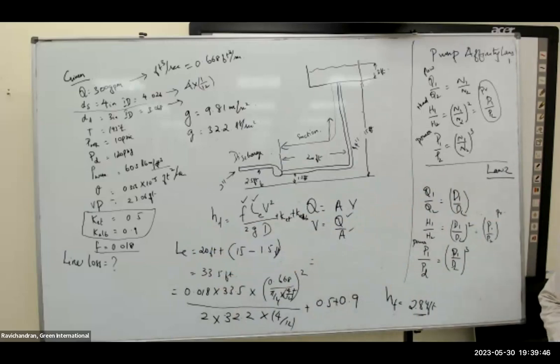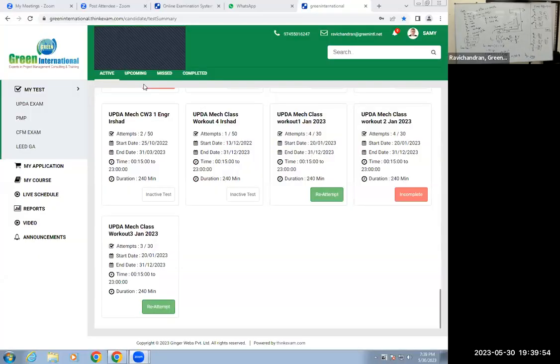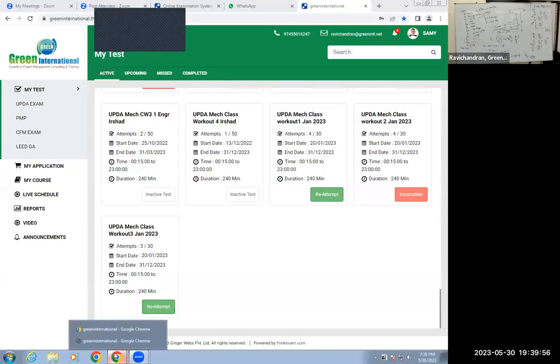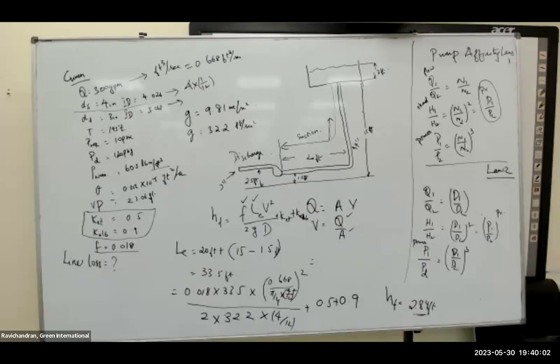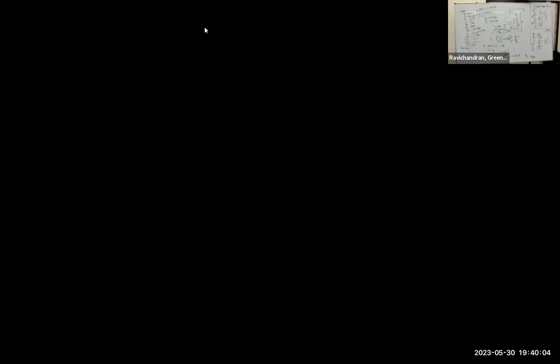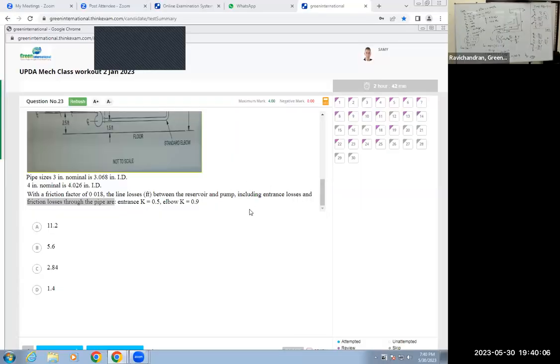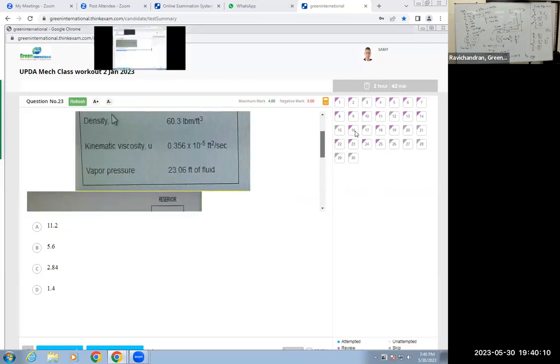Vapor pressure it is given, but we are not using that. Yes. Yes, clear.